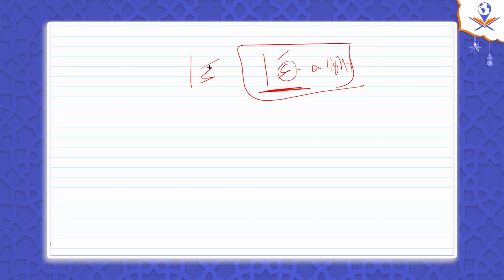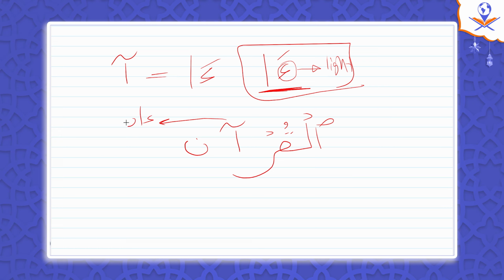Instead of writing two letters, we make them just one letter like this. Like Al-Quran, for example. So this one cannot be with a heavy sound. Why? Because the original is this, right?